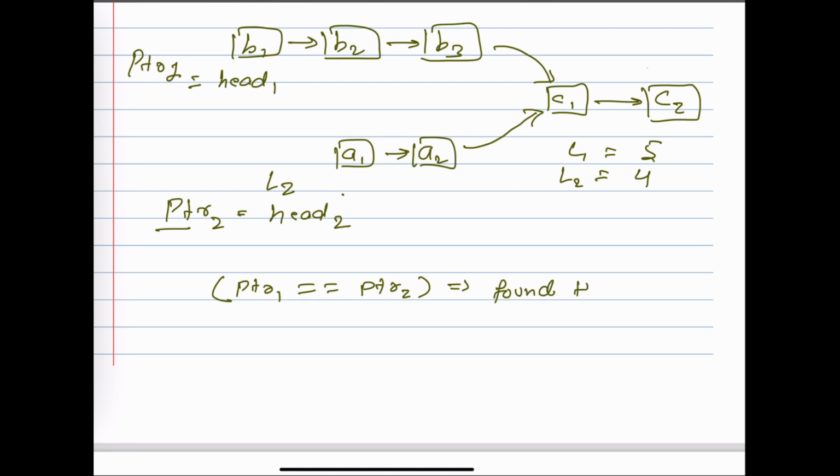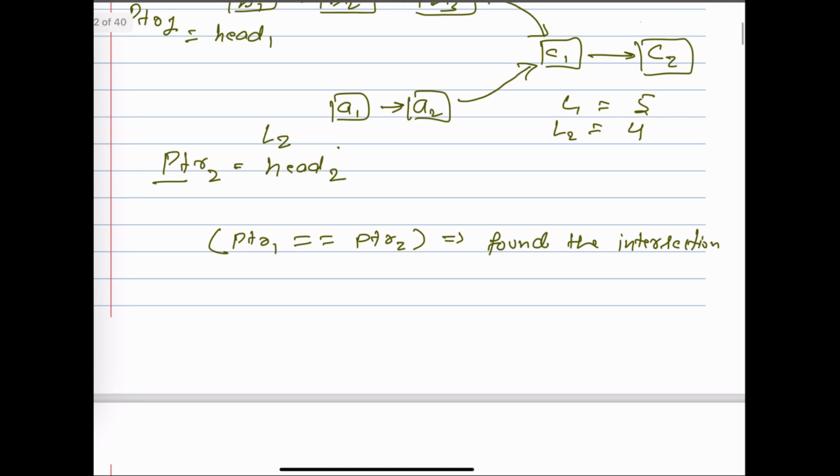We found the intersection. But if it is not equal, we'll keep on moving our pointers. So pointer 1 will now be pointer 1 dot next. Similarly, pointer 2 will be pointer 2 dot next.